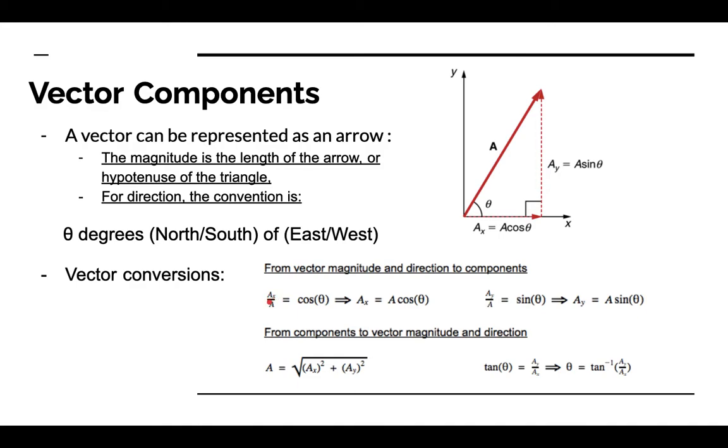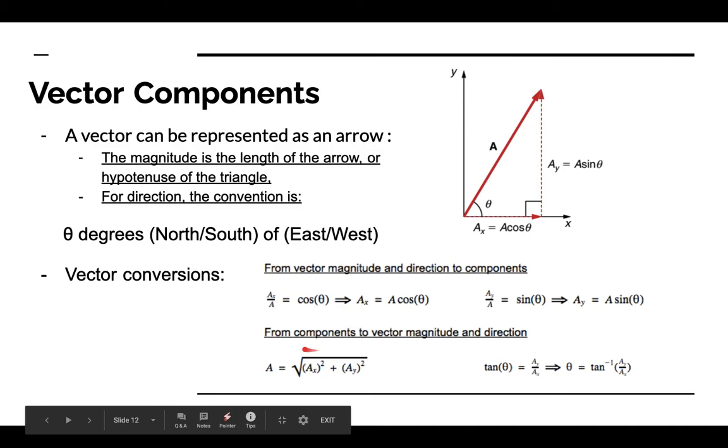So we have Ax over A equals cosine of theta, adjacent over hypotenuse, and solving for Ax gives us A cosine of theta equals Ax, what we see right here. And if we want to solve for Ay, we do a similar thing, where Ay equals A times sine of theta, by solving sine of theta equals opposite over hypotenuse. So that's if we're given a magnitude and a direction.